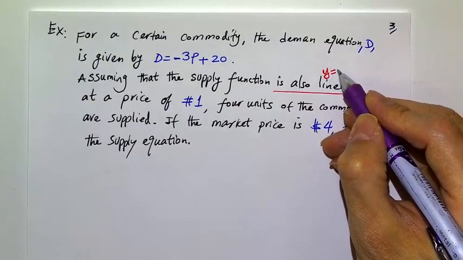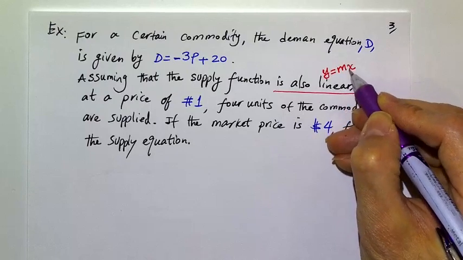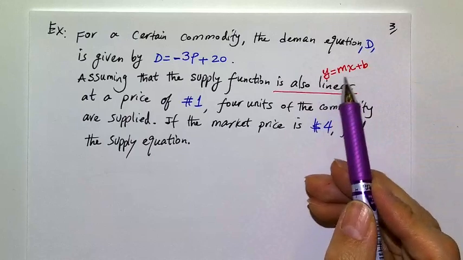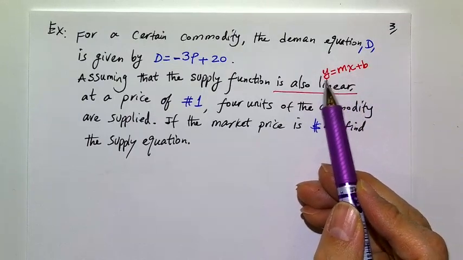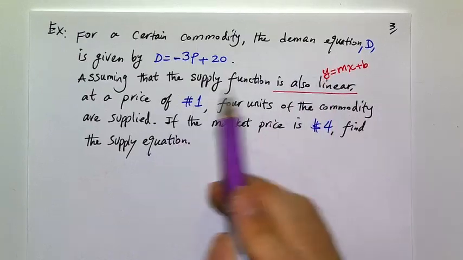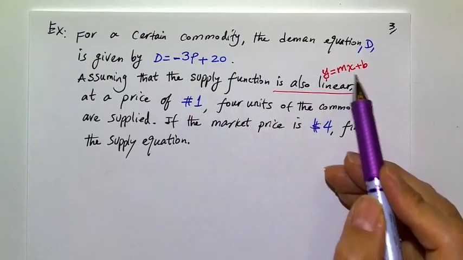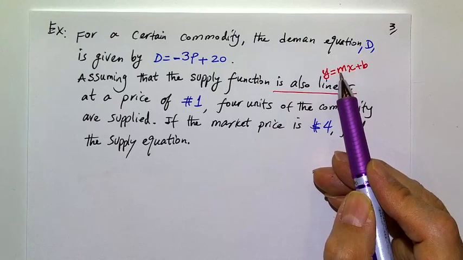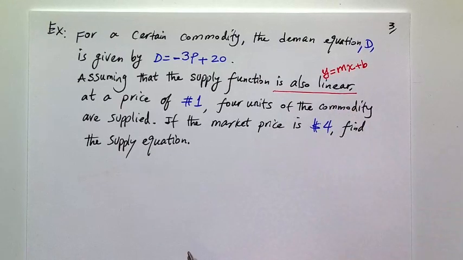We should be able to represent it as something like this: y equals mx plus b. Of course, this is just the equation of any linear function, but in our case, we will call y s for supply, x we will call p for price, and then we will keep m and b the same.